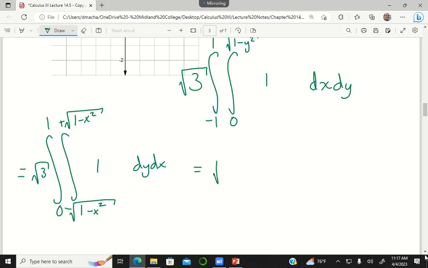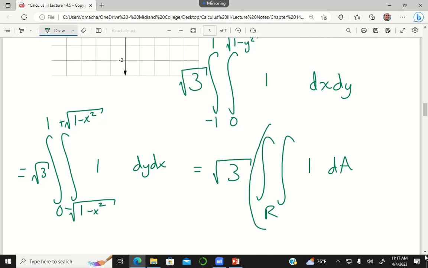But one thing I'll point out, as the thought occurs to me, is that if I take the double integral over some region in the plane of 1, that whole thing is just equal to the area of the region. That's just one way of finding the area of that semicircle. And so the area of a circle is pi r squared.